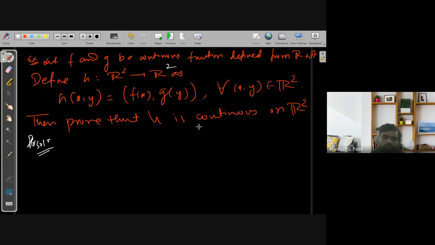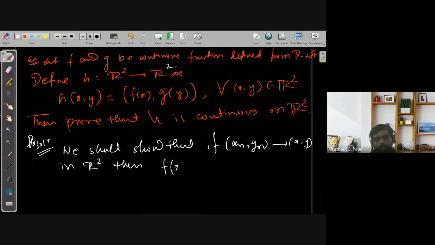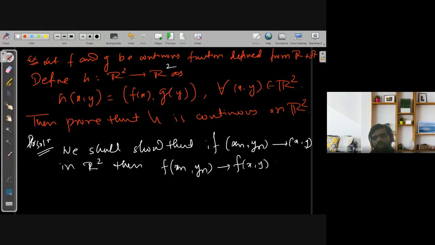So here I want to show that h is continuous on R square, and it is sufficient to prove that if (xn, yn), because now we have to take the sequence in this space R square, converges to (x, y) in R square, then h of (xn, yn) will converge to h of (x, y) as n tends to infinity in R square, that means in the codomain.